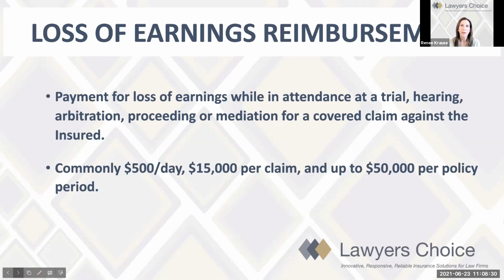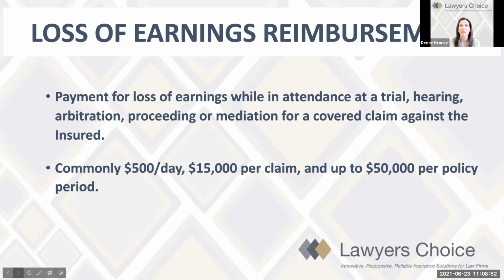And it's usually about 500 per day and 15,000 per claim and up to 50,000 per policy period. So it's pretty generous. It's clearly not going to be everything an attorney would earn in a day necessarily, but it's nice to have this in place in case you do have to move to defend a claim.